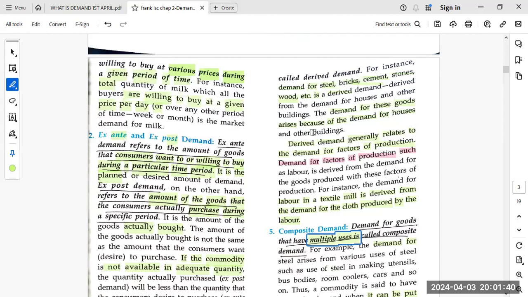Derived demand, remember, you have to use the words factors of production. This is an important key thing. Derived demand generally relates to demand for factors of production. You can remember the example of house construction, anything. For every topic you are studying, make one example at the time of studying itself, and write it in the book or notes, so that in the exam you quote that example.